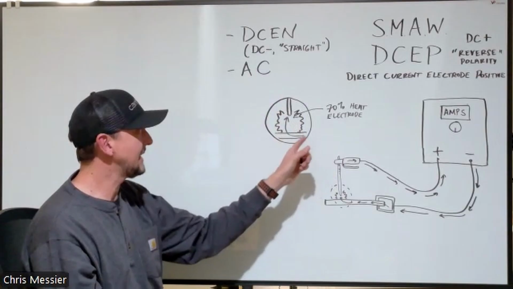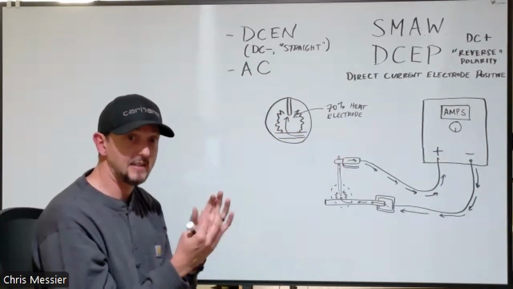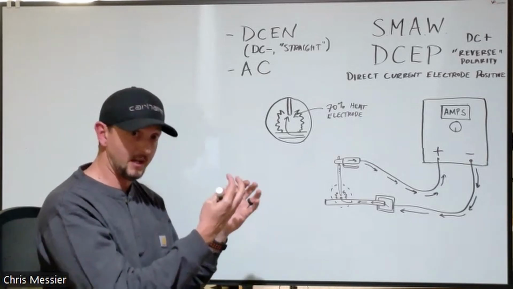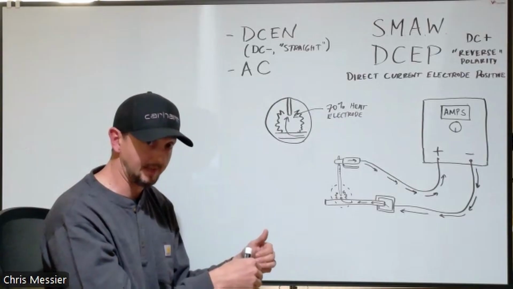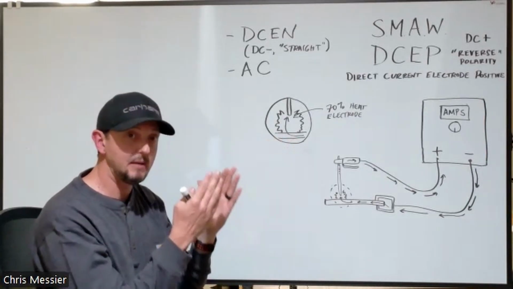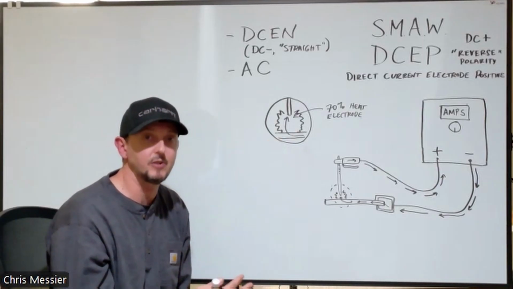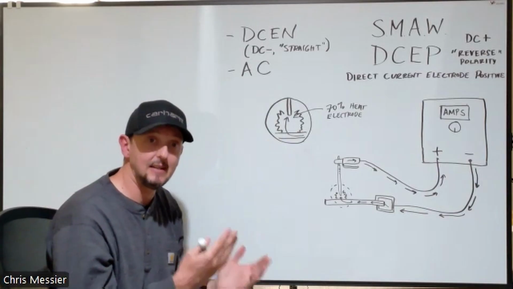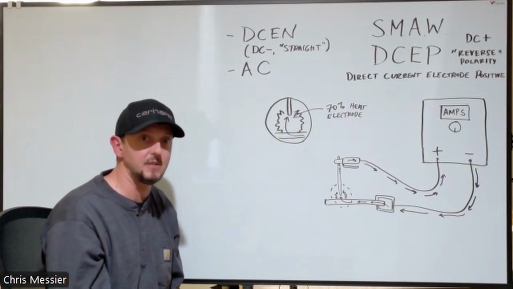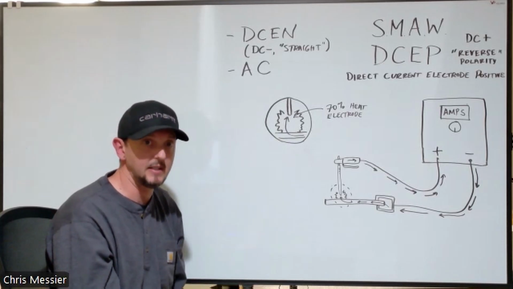If our heat's focused on the electrode, you're going to start to see that electrode change shape or disappear up into the cup. We want the heat focused the opposite way for that process, which is in the base material, and be able to keep the shape of that non-consumable tungsten electrode nice and neat and sharp, and be able to focus that arc into the base material. So in that case, we would be using DCEN polarity.